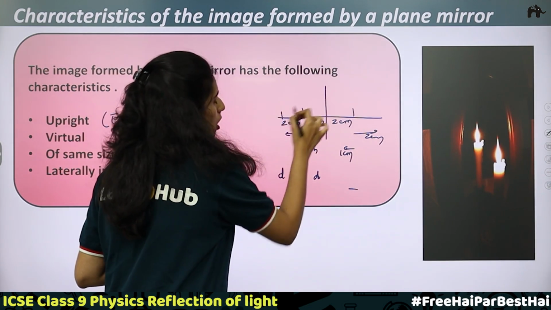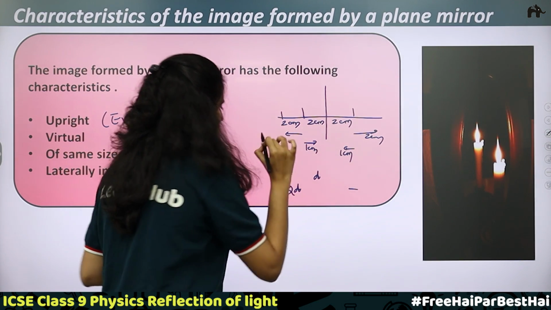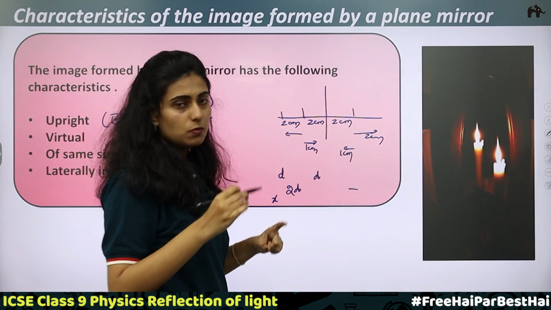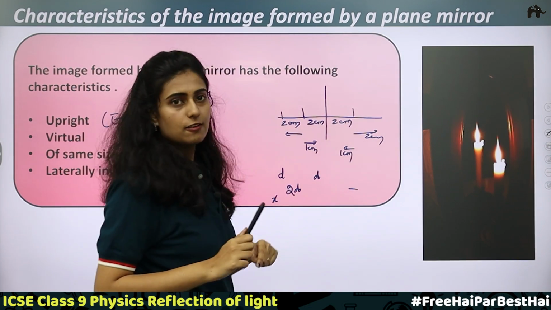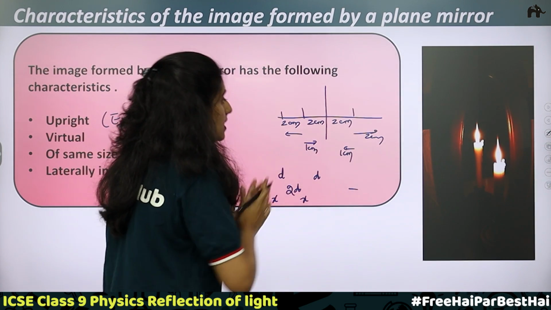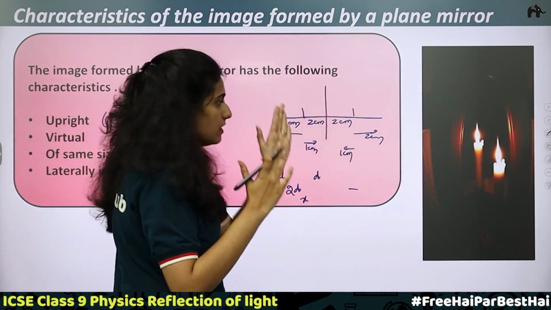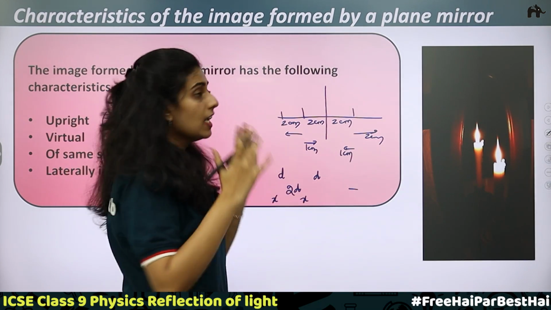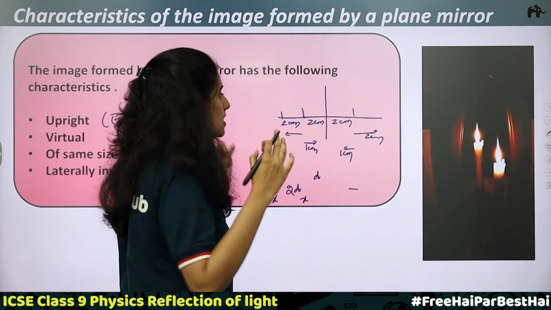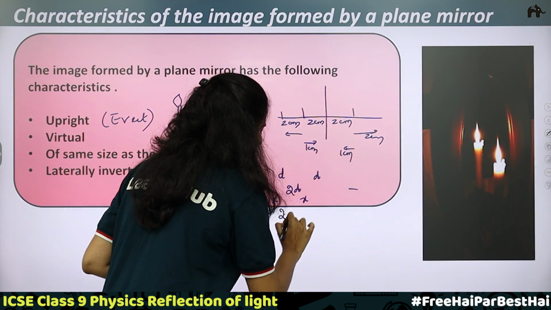If the object is moving towards or away from the mirror by X distance, then the image will also move by X distance. Which means, if the object is moving towards the mirror, the distance between the object and the image is reducing by 2x.